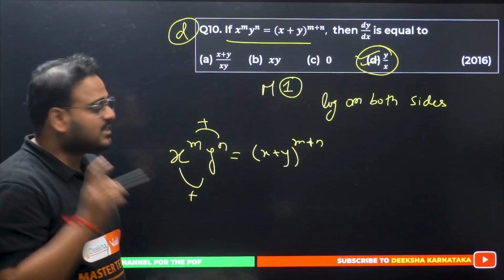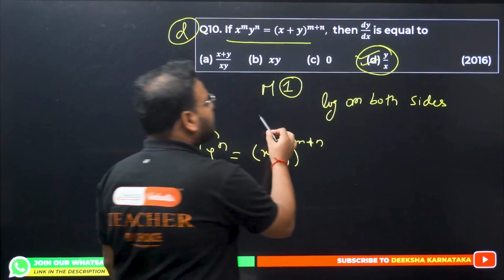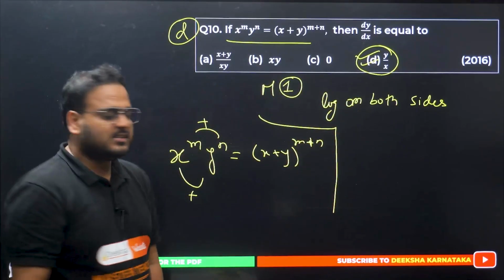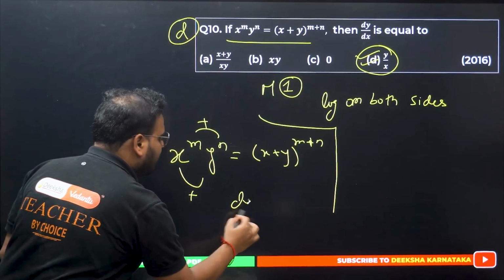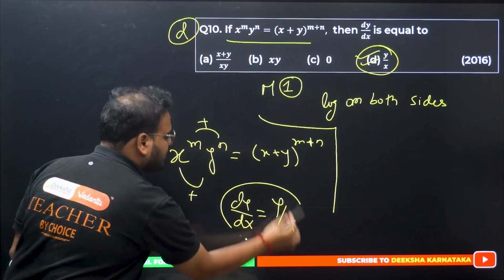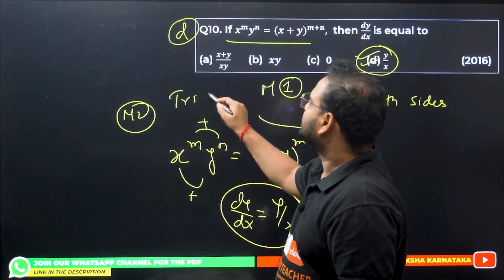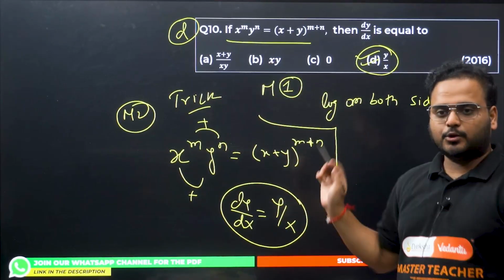Okay, so this is a very important trick. This is method number 2, the trick. For this one, dy by dx will always be y by x. This is the short trick. If the form suits this form, the answer is y by x directly. No need to do anything.